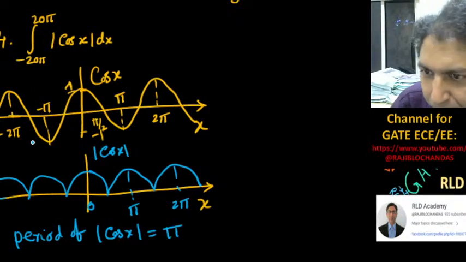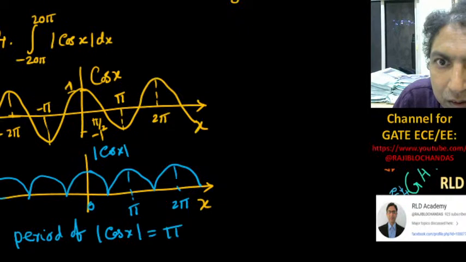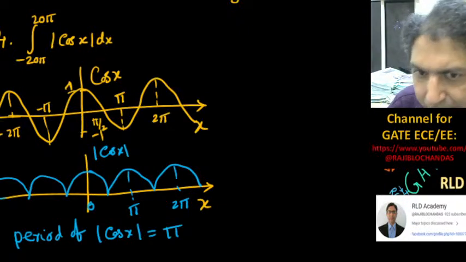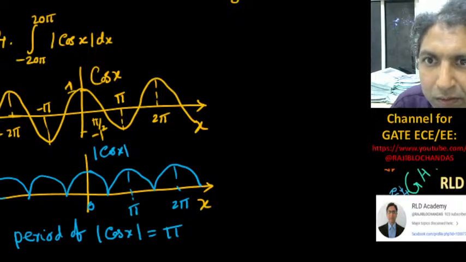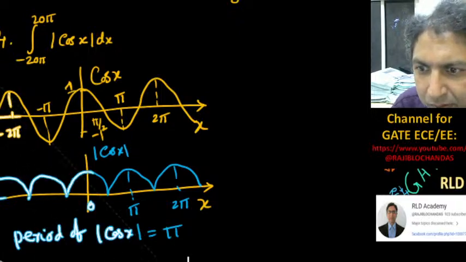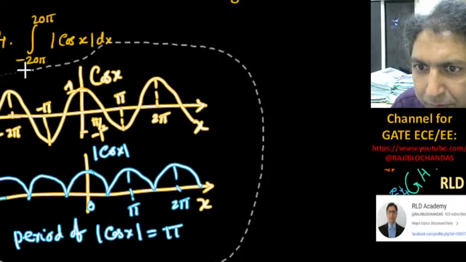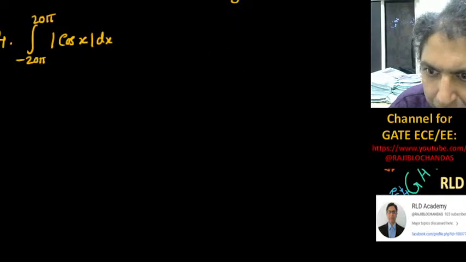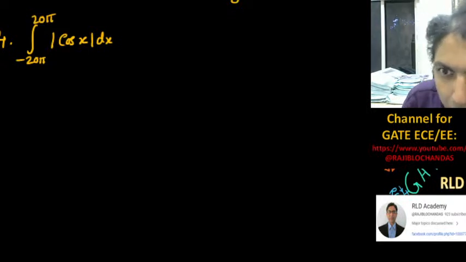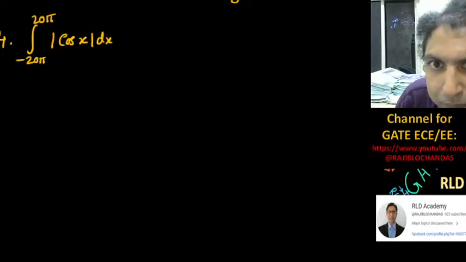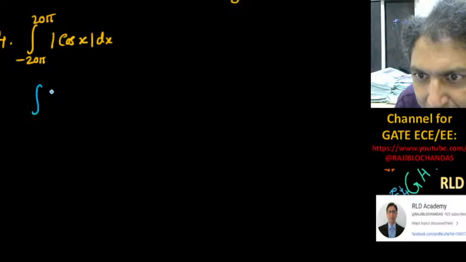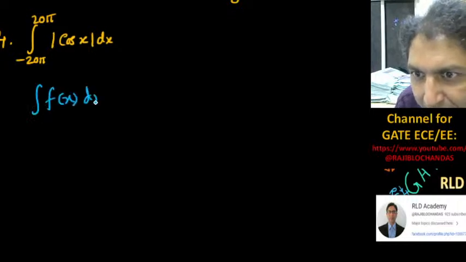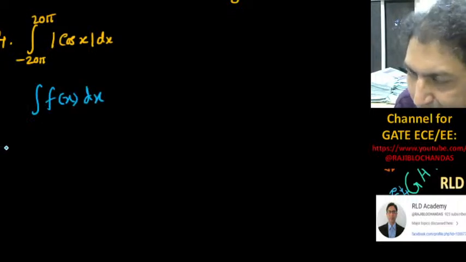What I will do, let me, 1 minute please. This part I will remove it. Now one thing is that, function is periodic, f of x dx, right?